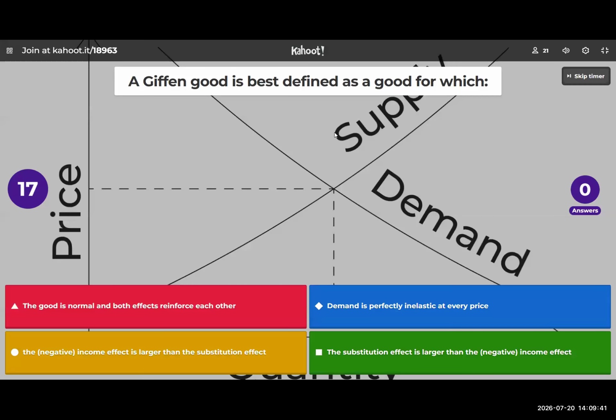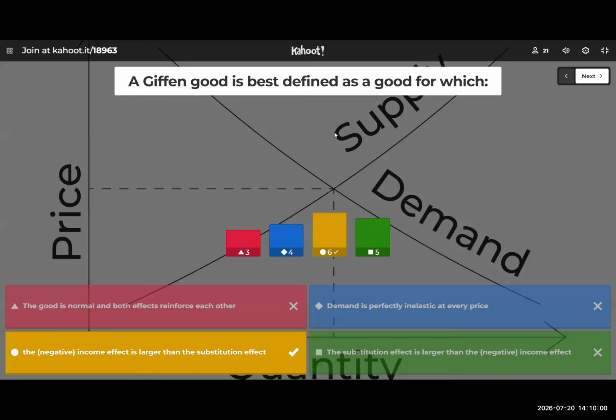A giffen good, what is a giffen good? Right, when your income increases, you don't buy it or you buy less of it.